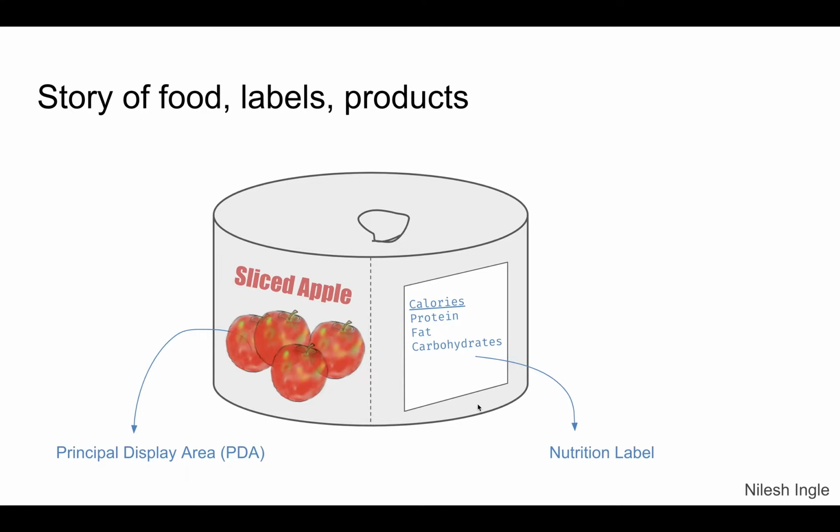And what we are going to do is use the information that's provided in that label for a product and use that information to predict how many calories that particular product would have. A combination of those nutrients would have how many calories.